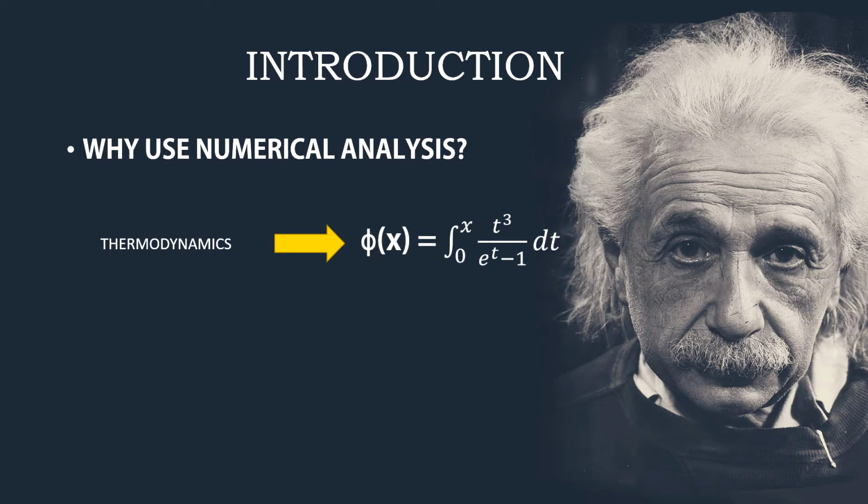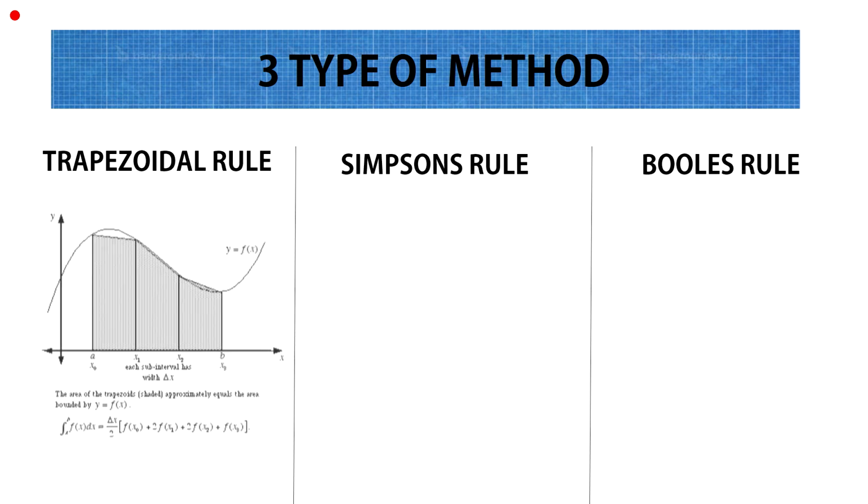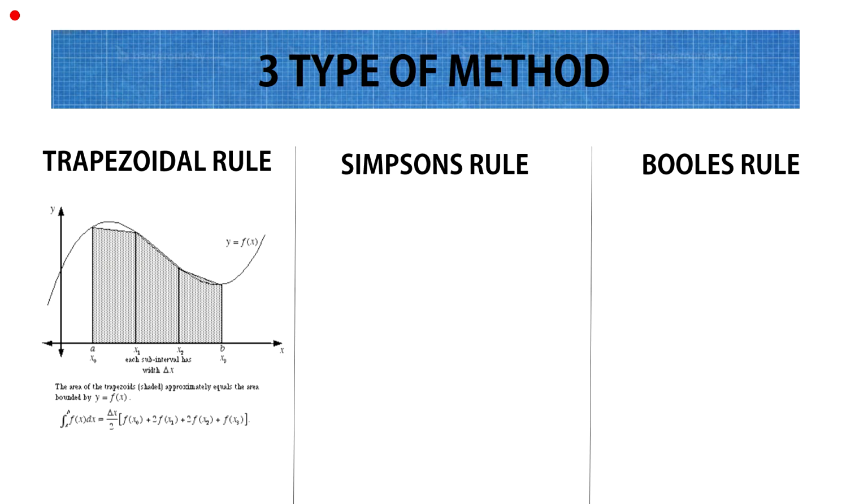As we know, there are three types of numerical integration methods that we use in this task. First is the trapezoidal rule, second is Simpson's rule, and third is Boole's rule. This is the graph of the trapezoidal rule.